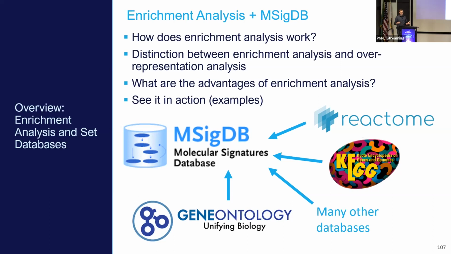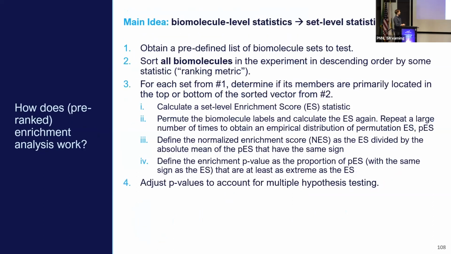We're going to look at the distinction between enrichment analysis and what's called overrepresentation analysis, because these are often used incorrectly interchangeably. We're also going to talk about some of the advantages of enrichment analysis, as well as some disadvantages. And I'm going to show it in action for a paper that's actually about to be published.